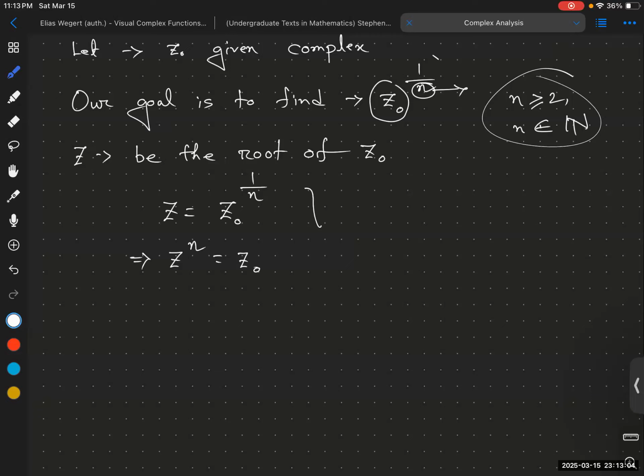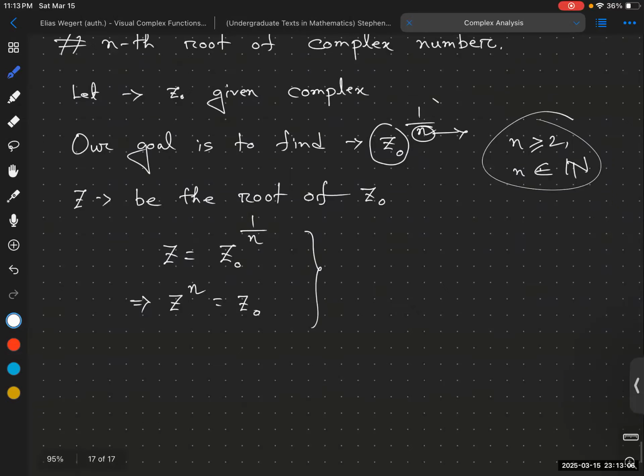Now z0 is our given complex number, so we can transform it into polar coordinate form. The polar form of z0 is r naught e to the power i theta naught. z is our nth root of the complex number z0, so it also has a polar representation, r e to the power i theta.